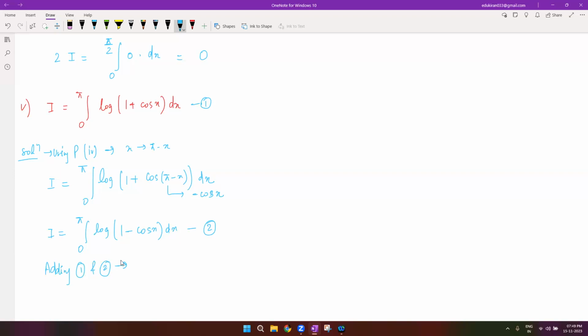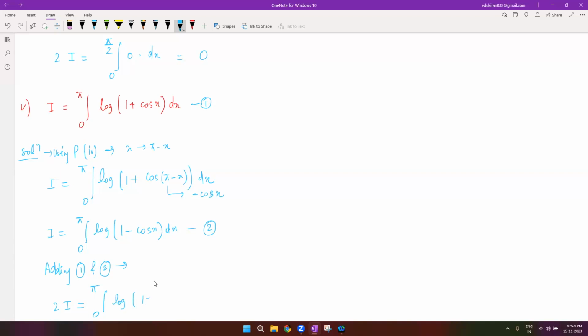this will be 2I on the left hand side. And on the right hand side, it should be 0 to pi. And this will be log a plus log b, which is log of ab.